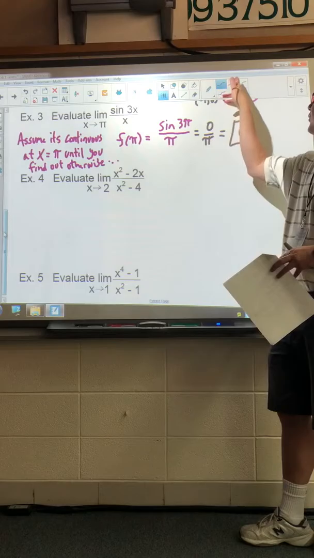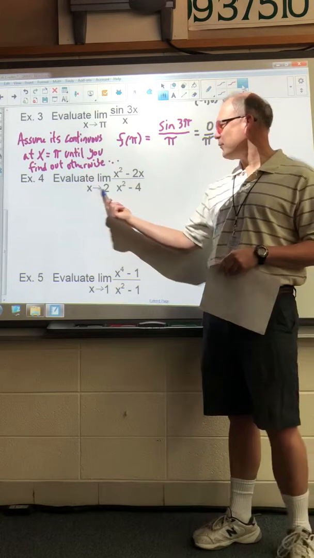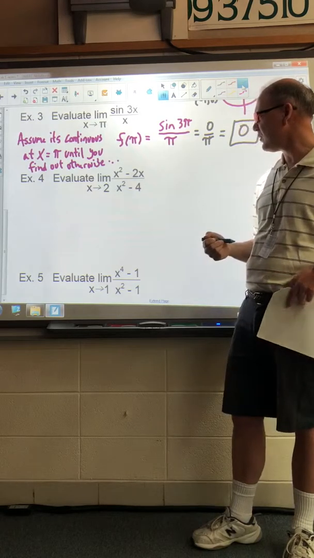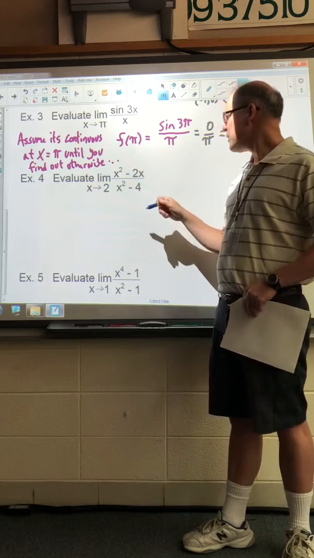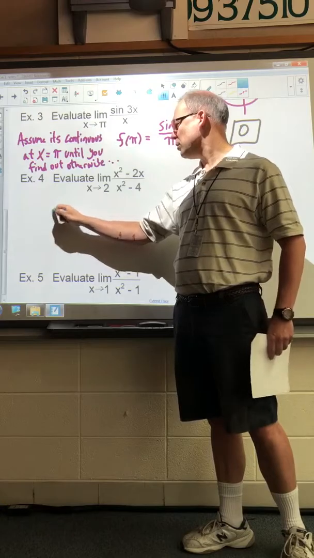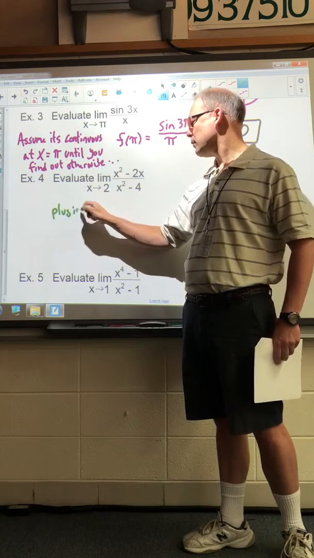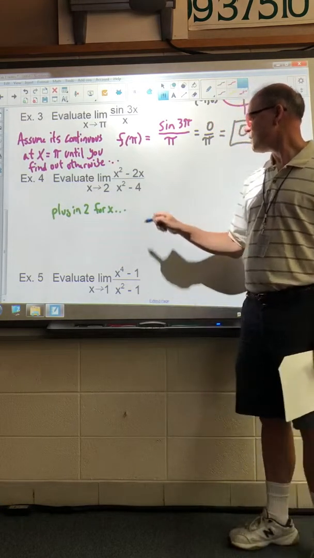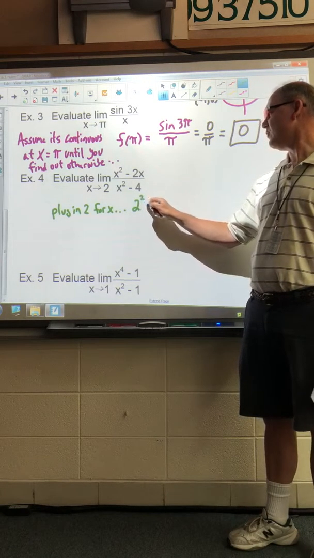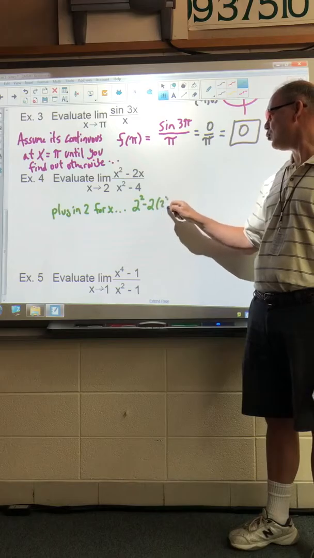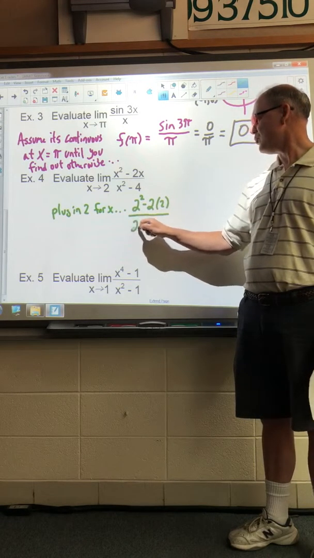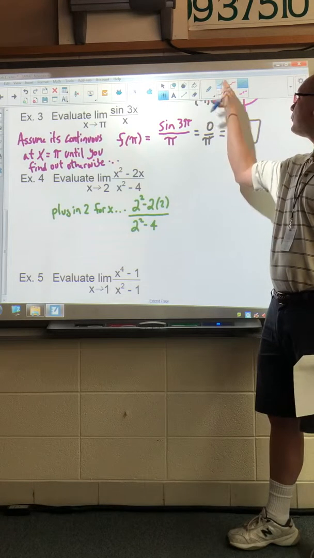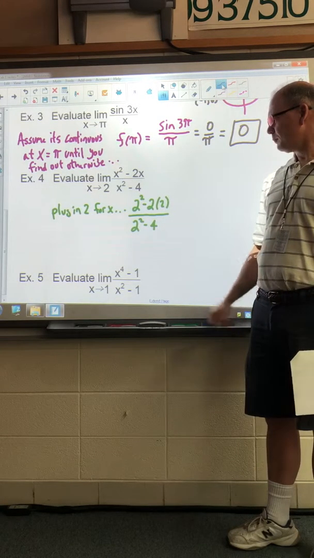Okay, so we'll do the same thing. So here we'll try plugging in 2. I'm going to assume that it's continuous at x equals 2. So if I plug in 2 for x, I would get 2 squared minus 2 times 2 over 2 squared minus 4.